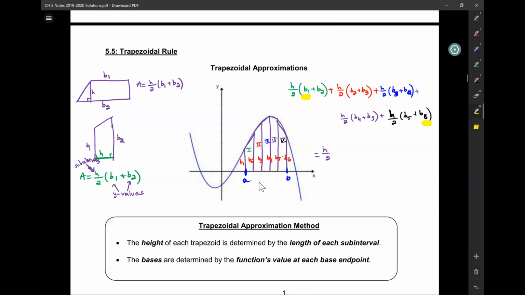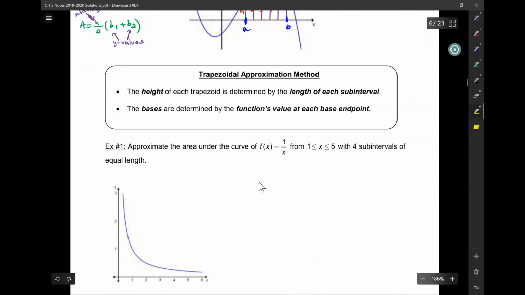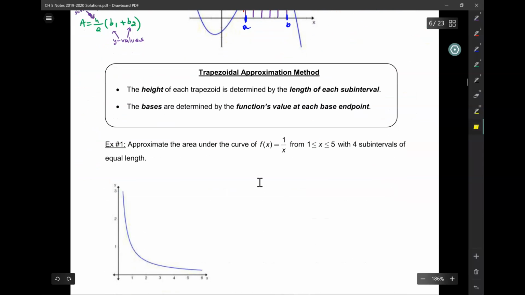How many of each of the other ones do I have? 2. So it becomes very, very simple. I do H over 2, base 1, 2 of each of the ones in the middle, and then 1 of the last one. Okay, so that's the trapezoidal approximation method. There is no left or right. It's all the same. It doesn't make a difference because you do it along the curve. Okay?